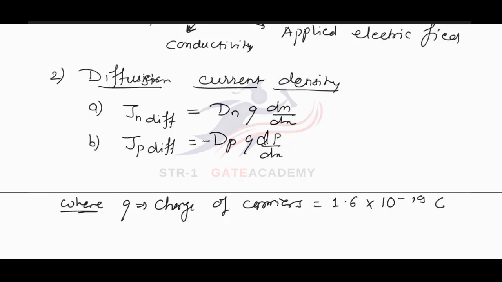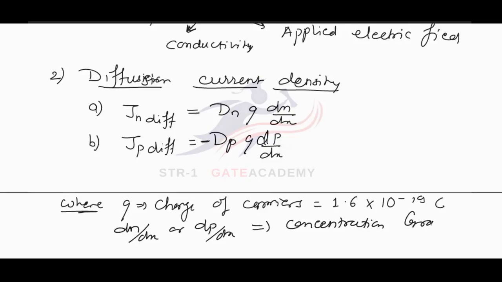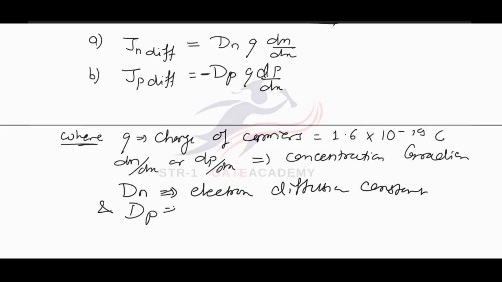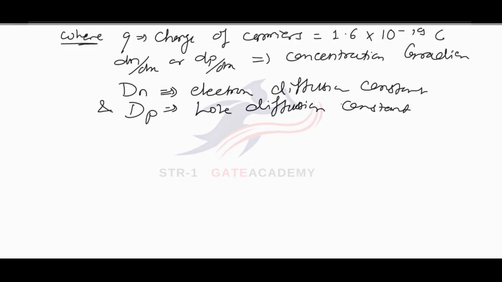Sorry, this diffusion current density is Jp equal to minus Dp into q into dp by dx, and dn by dx or dp by dx is called the concentration gradient, and Dn is called the electron diffusion constant, and Dp is defined as the hole diffusion constant. This is the current density in the material.